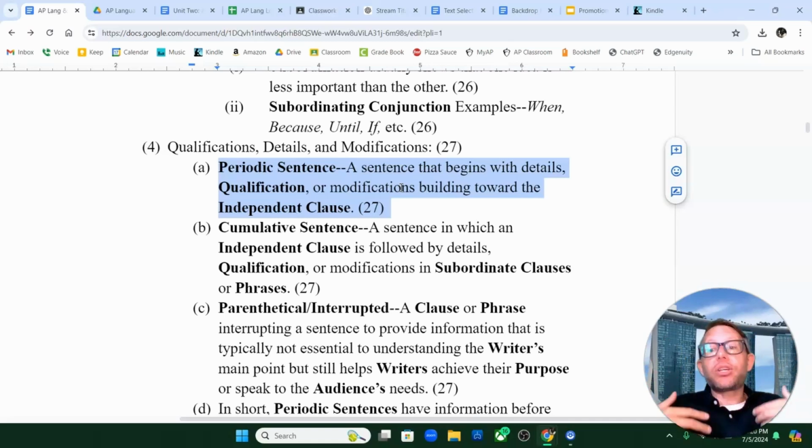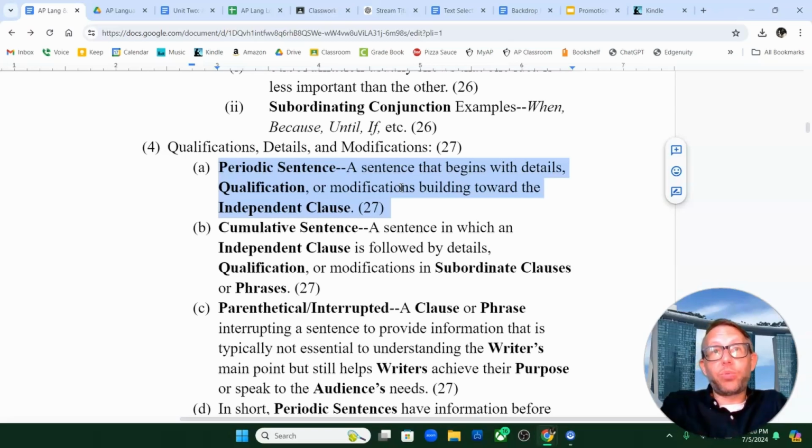It could be a phrase, could be a subordinate dependent clause, could be just other terminology that's used uniquely in some fashion. But you're going to present that information first and then lead into the independent main clause. So you're sort of delaying the introduction of that independent main clause. That's what a periodic sentence is all about.